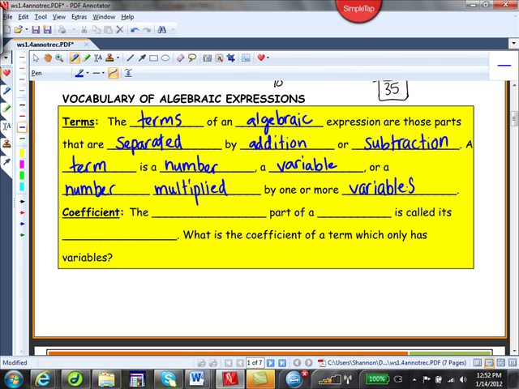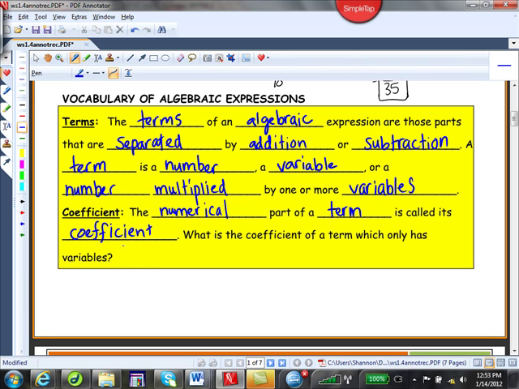Coefficient, the numerical part of a term, is called its coefficient. So what would the coefficient of a term which only has variables be? Good.